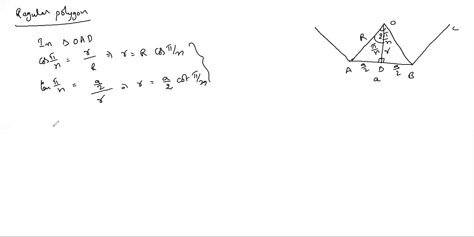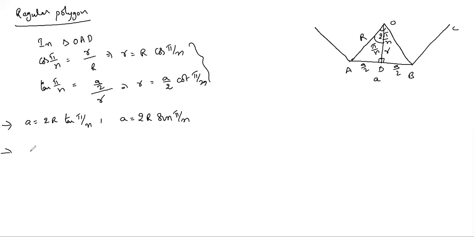Similarly, to find a, from this we get a equals 2r tan pi by n. And if you consider sine in triangle OAD, sine pi by n, we get a equals 2R sine pi by n.